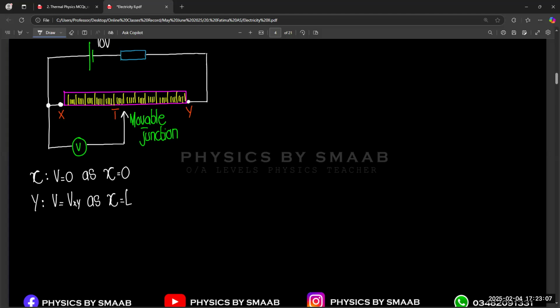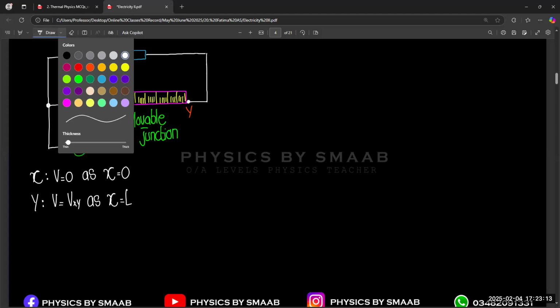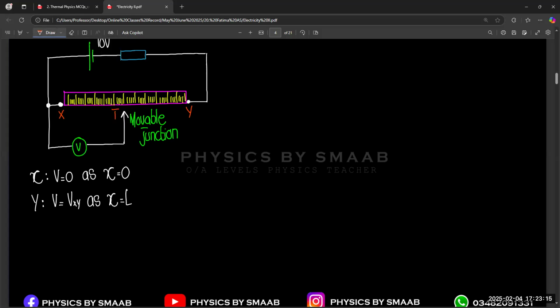Because this time maximum length is covered, and this total length is equal to capital L, for example the length of this ruler is capital L. So that's why X is equal to capital L, because we move the maximum displacement from point X to point Y. So we cover maximum length.